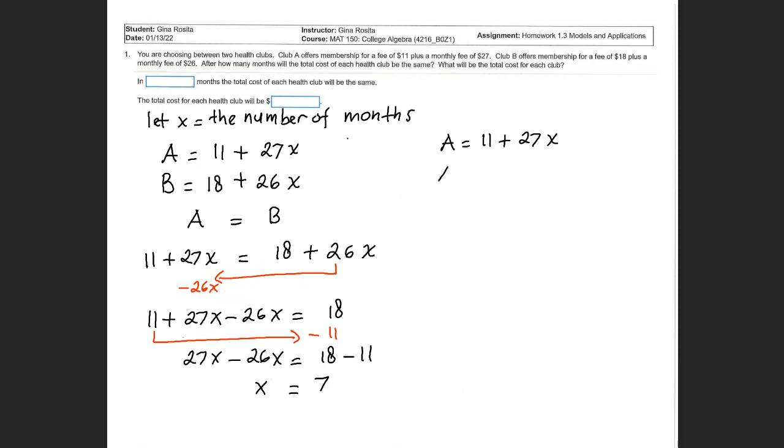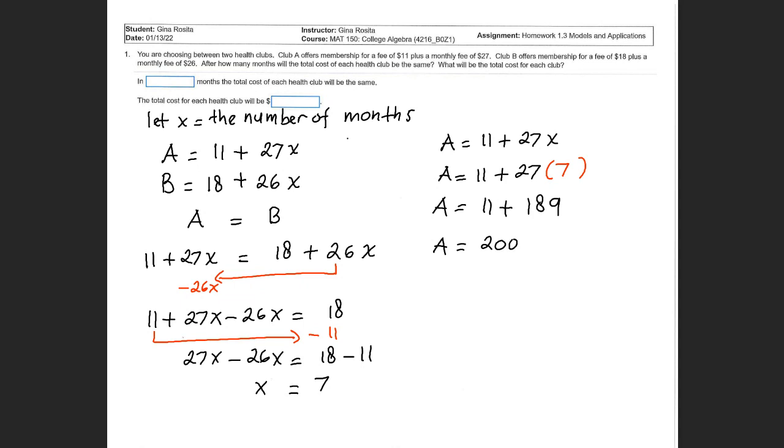So now A equals 11 plus 27, changing x with 7. We get A equals 11 plus 189. So the answer becomes A equals 200.